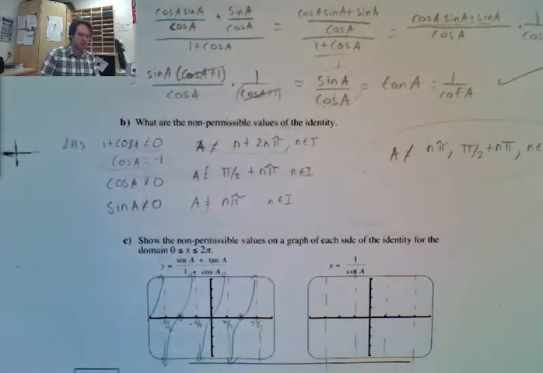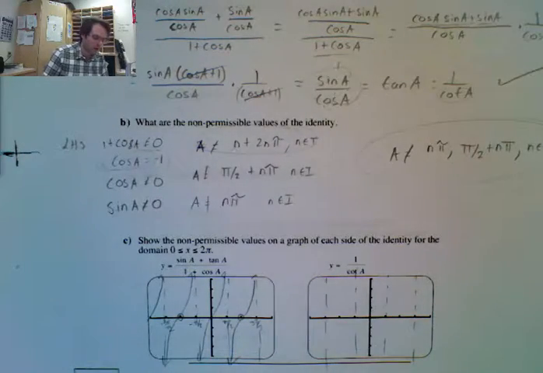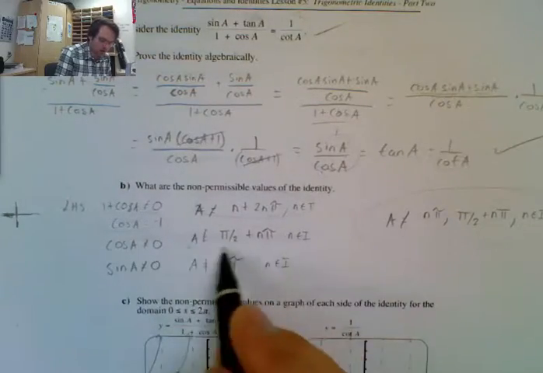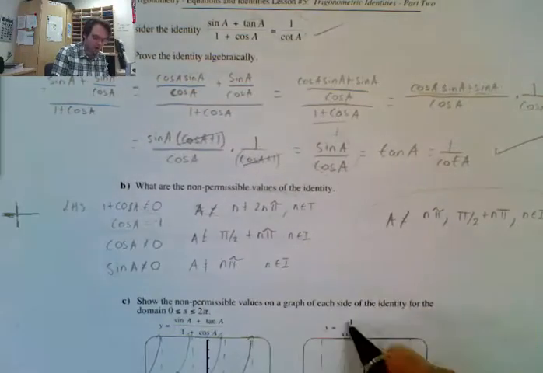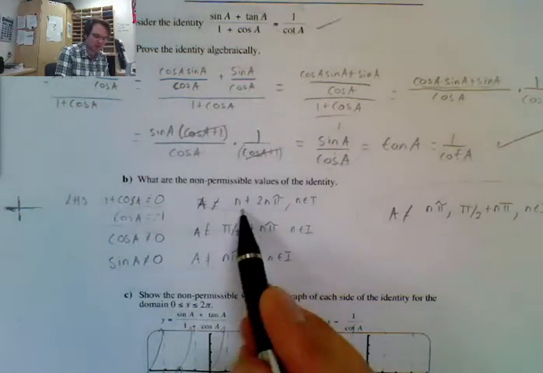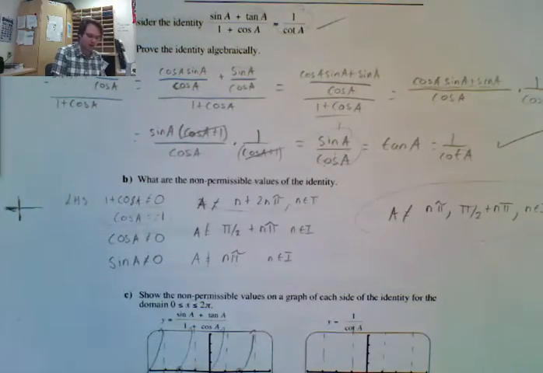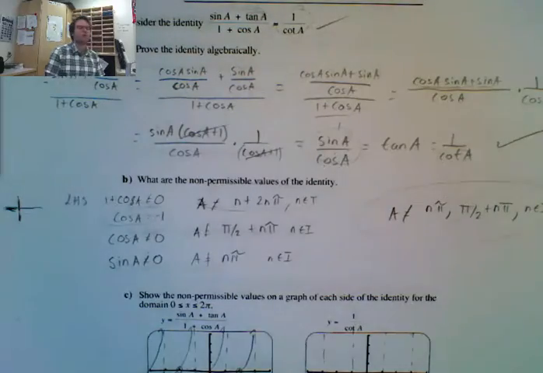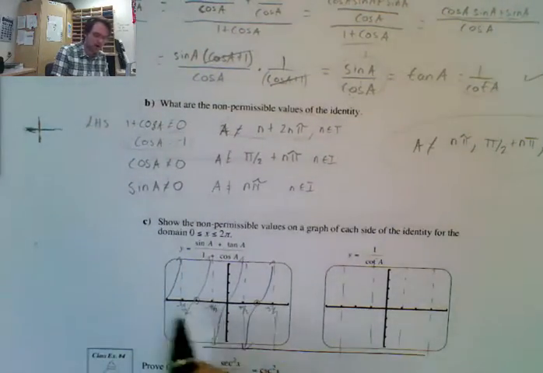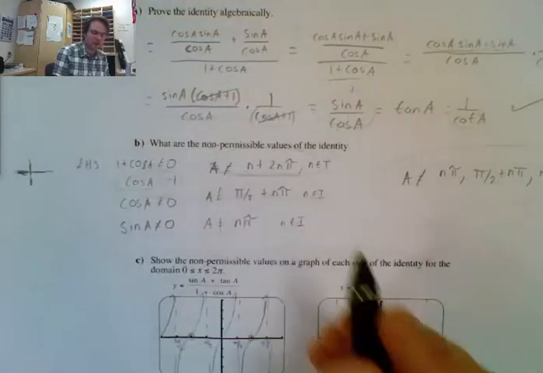But now my points of discontinuity are all over, because if we look back up here, it's every pi over 2 is the cos, because we have 1 over cos as well. Where this one, it's only 1 plus cos A, so my points of discontinuity, if we go back here, are only going to be on the odds, because of this equation here, it's only every odd one.